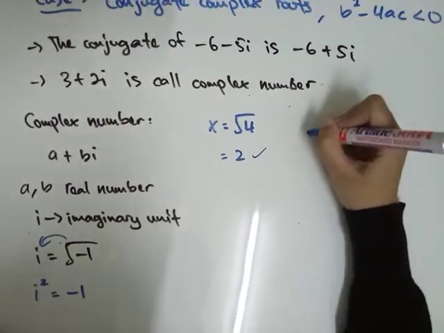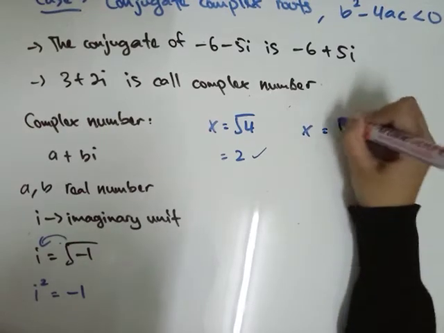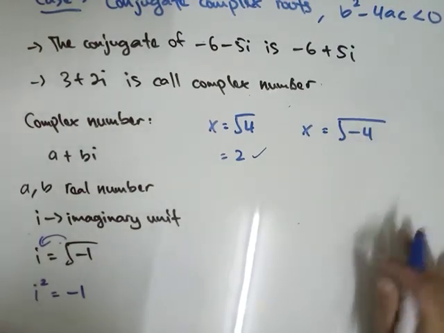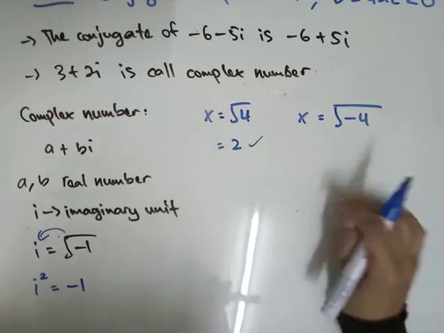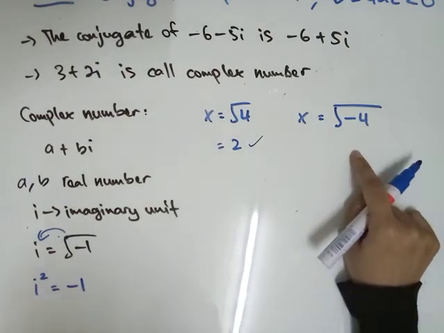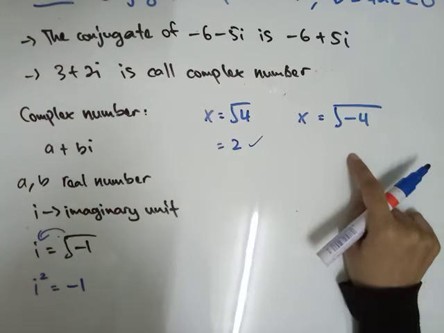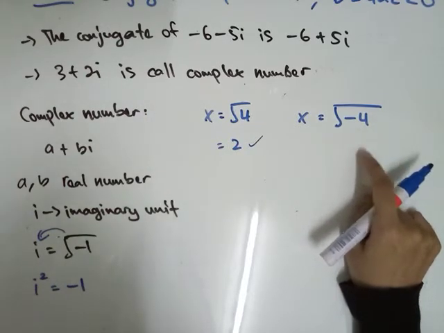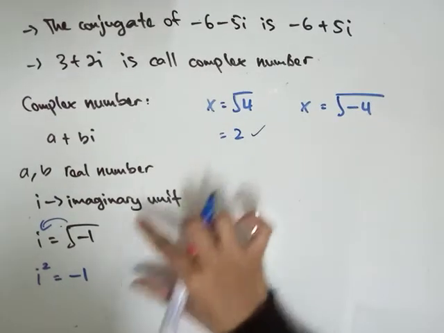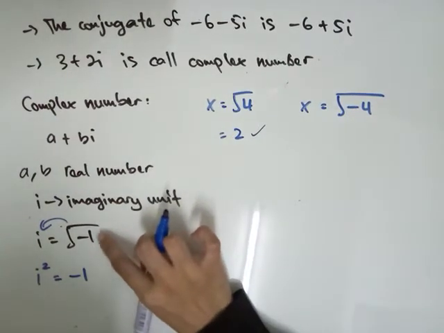But what if we have x equals square root of negative 4? How to solve this one? If you use your calculator, you will get a math error. Thus, by using this concept, i equals square root of negative 1.